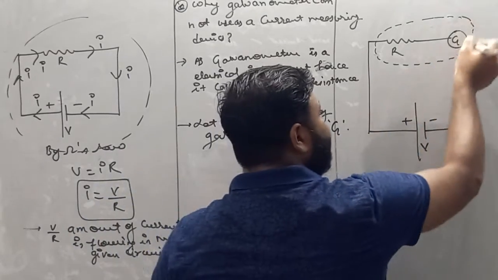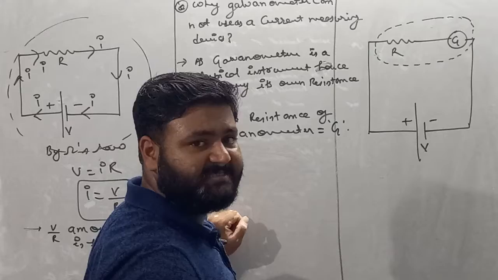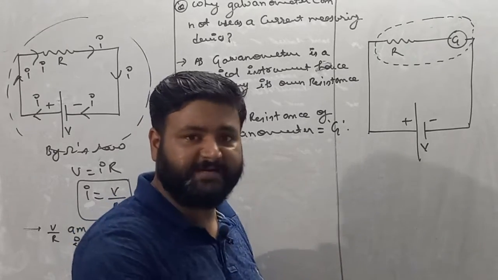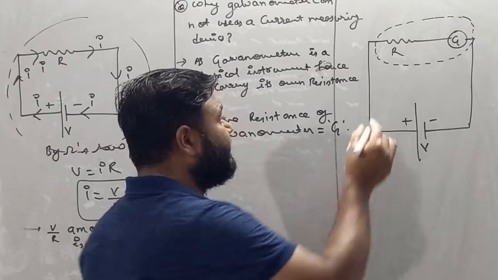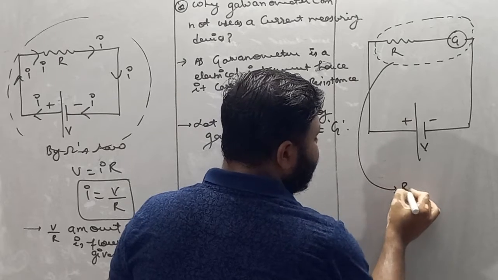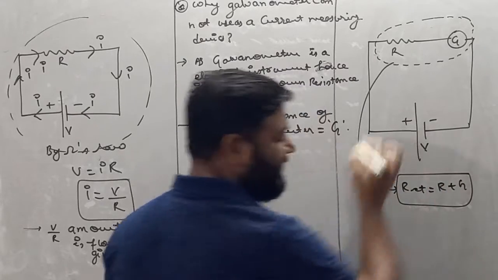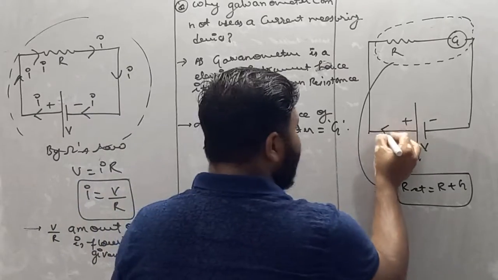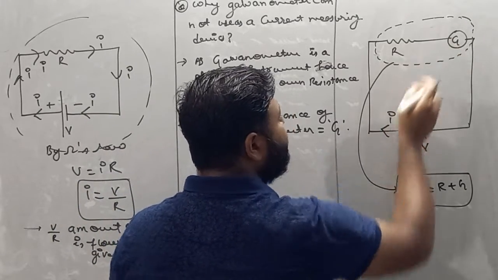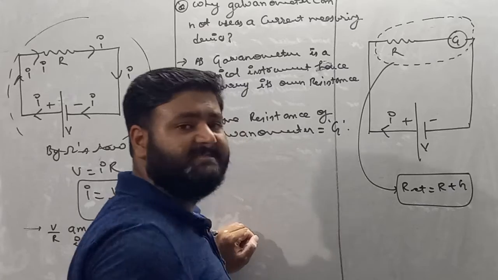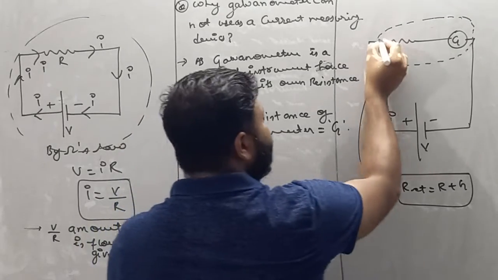So after connecting the galvanometer in series as a current measuring device, the resistance of the circuit increases and becomes R plus G. If current I is flowing, both the resistor and the galvanometer in series acquire the same current.